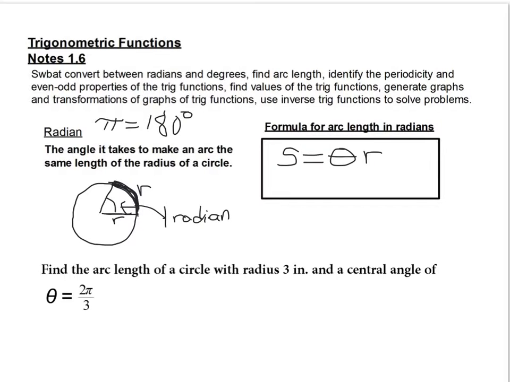Now, if you just need a quick reminder on how to do that, if you did the arc length in degrees, it would be 2 pi r, because that's the circumference, but multiplied by the angle in degrees. So I'm going to call that m for the angle in degrees. On my picture over here, I'm just going to add that.